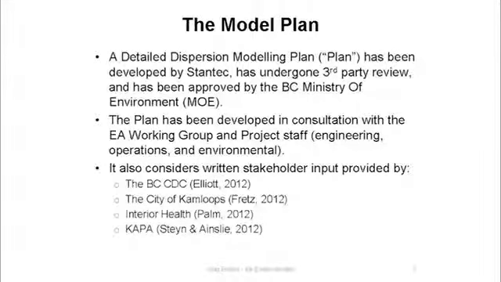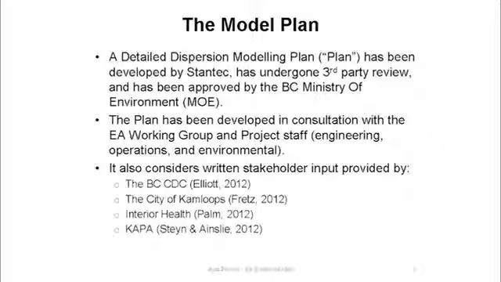The jumping off point for the assessment was the preparation of a model plan, and a detailed dispersion modeling plan has been developed by Stantec, has undergone our review, and has been approved by the BC Ministry of Environment.